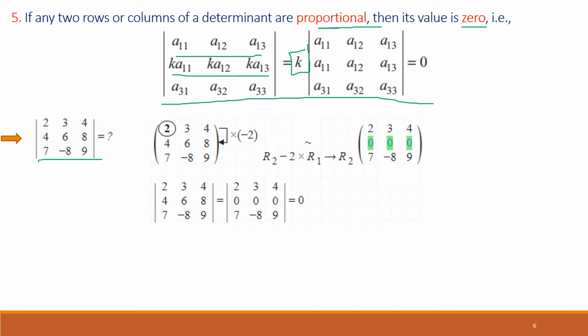Here we are going to calculate the determinant with the help of row echelon form. Here row 2 is proportional to row 1 and the proportional element k is equal to 2. By applying row echelon form to calculate the value of the determinant, we will get the answer equal to 0.